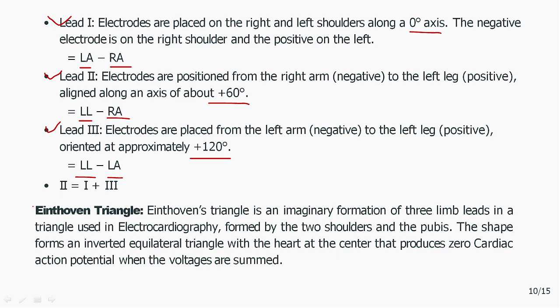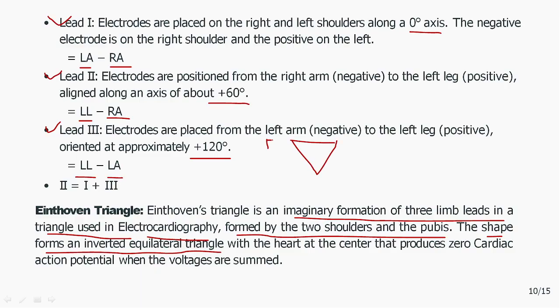They look just like a triangle. We call that Einthoven's triangle. It is an imaginary formation of three limb leads in a triangle used in electrocardiography, formed by the two shoulders and the pubis. The shape forms an inverted equilateral triangle like this, as we have seen here: right arm, left arm and left leg.